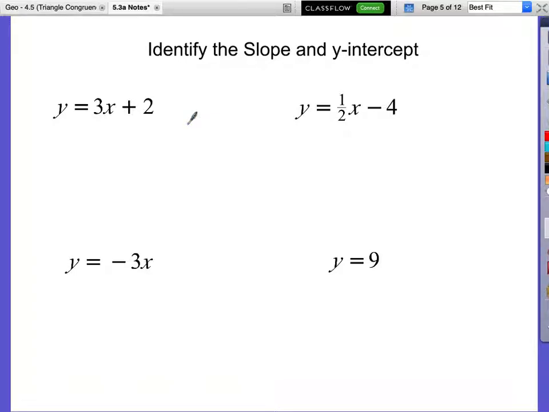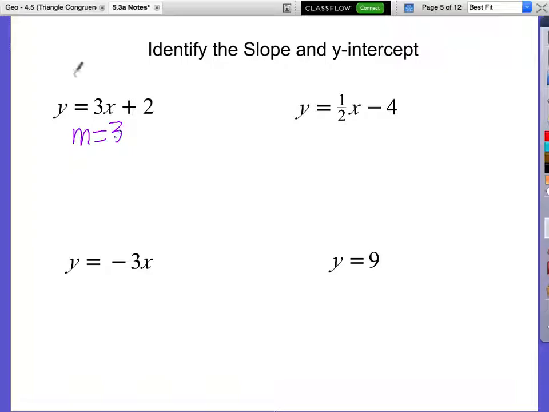Raise your hand if you can tell me what the slope of this line is. Blake. The slope is not 3x. The slope is just 3.